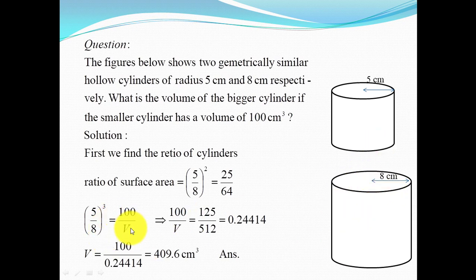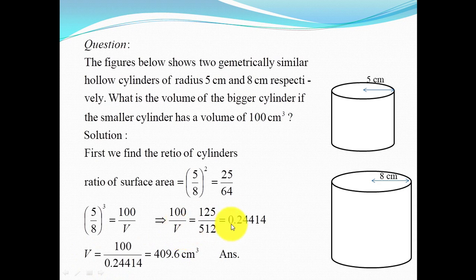Now we take the cube of 5 and 8, which is 125 and 512. This will be equal to 0.24414.